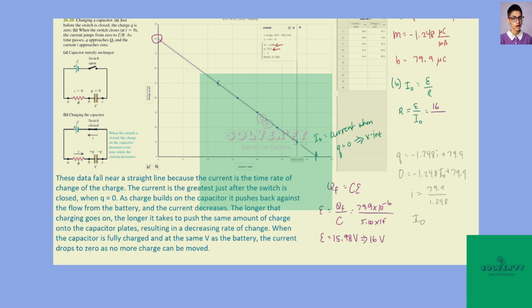Negative 1.248 I naught plus 79.9 equals 0. And so I naught is going to be 64 milliamps. So we will go plug in our 64 times 10 to the minus third amperes up here. And that is going to give me a resistance of 250 ohms.